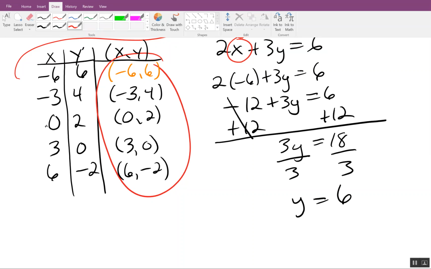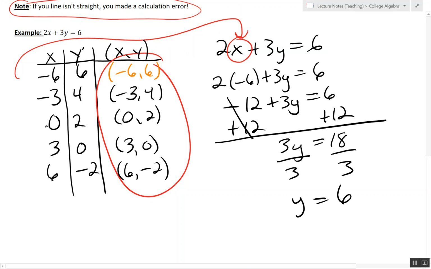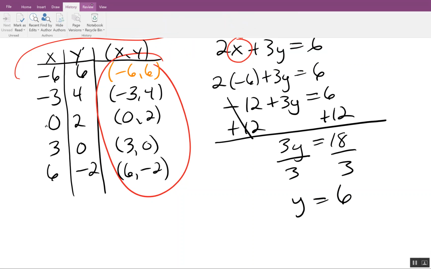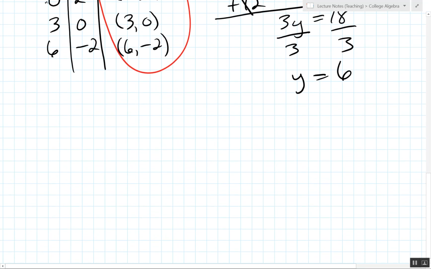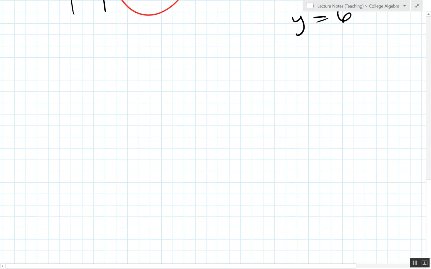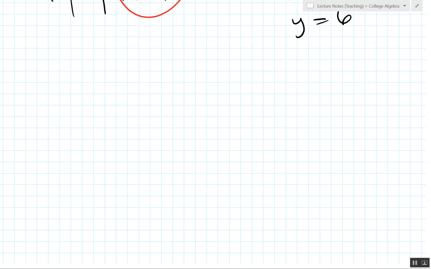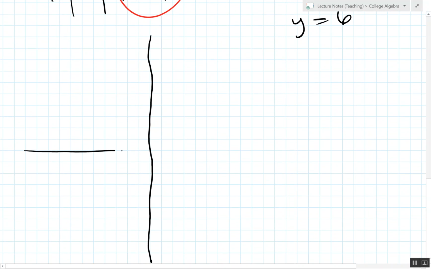Let me turn back to my other color, and let's turn on the grid here. So let me draw in an x-axis, y-axis, and let me see, we're going up to 6, so I better make each individual square one by one.